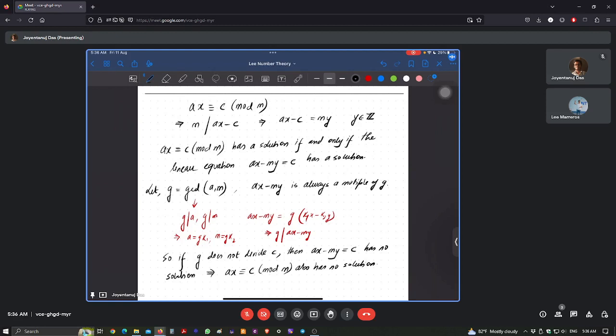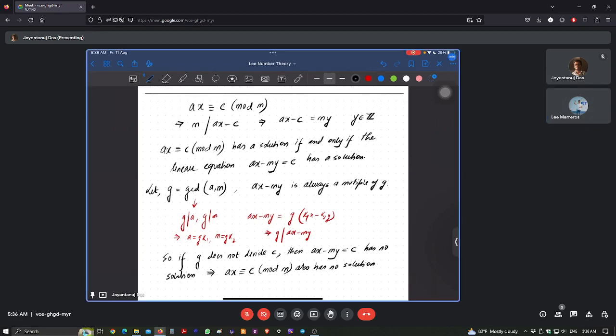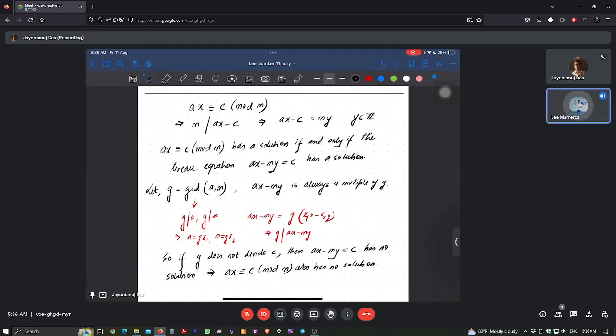So if the GCD of a and m, that is G, does not divide c, then this linear equation ax minus my equals c does not have a solution, which in turn implies that the original congruence also does not have any solution. Because in a congruence, we divide ax by m and try to find if the remainder of that division is equal to c.